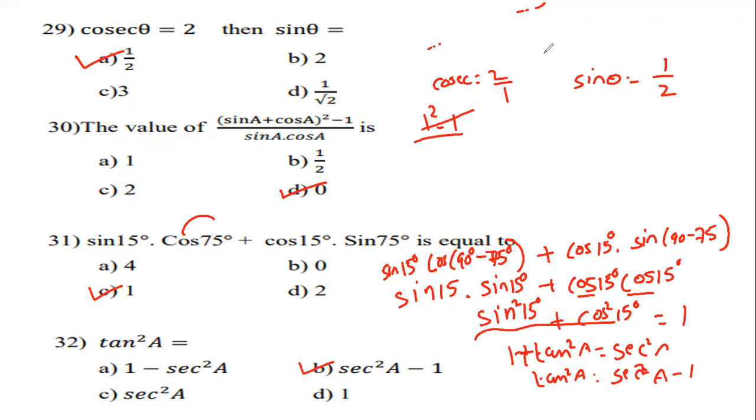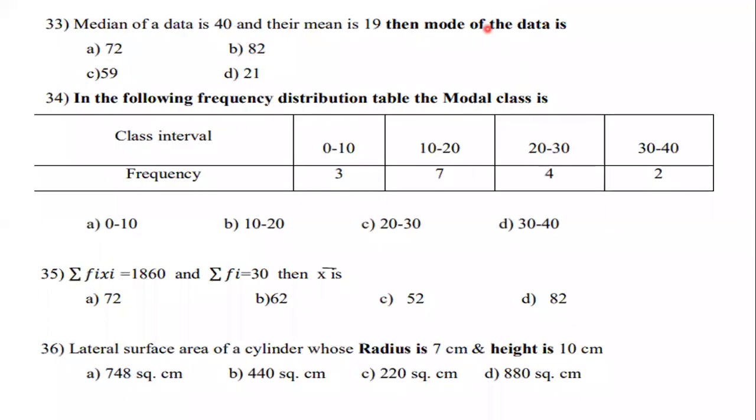Next, 33rd question. Median of the data is 40, mean is 19, then the mode is dash.